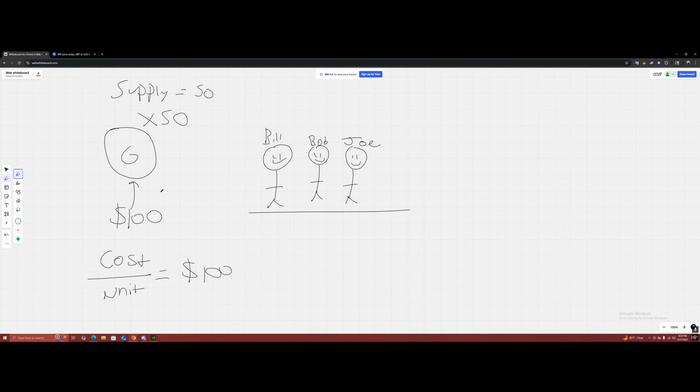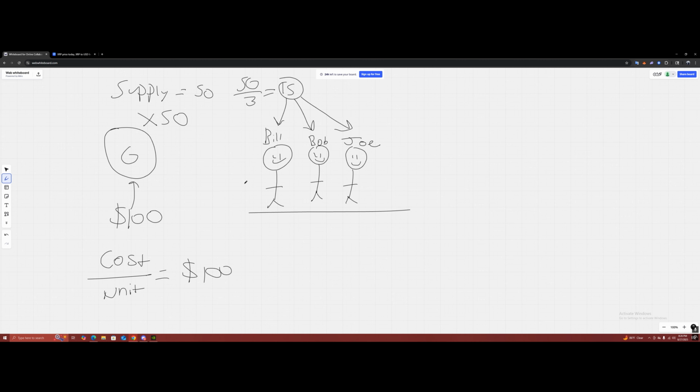First things first, we're going to give them some coins. Out of the 50 total supply, we're going to give them 15 each. So 50 divided by 3 is about 15 each. Billy gets 15, Bob gets 15, and Joe gets 15.